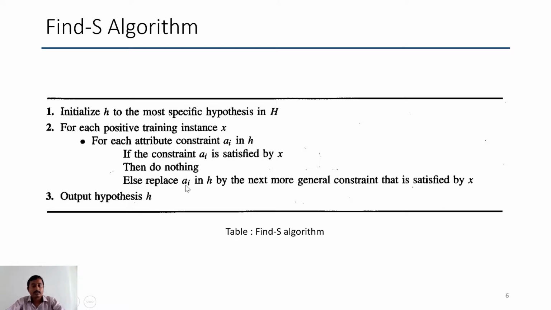Otherwise, replace that attribute by the next more general constraint satisfied by x. In our example, the more general constraint is a question mark. We have to do this for all the positive training examples, and we will get the most specific hypothesis.